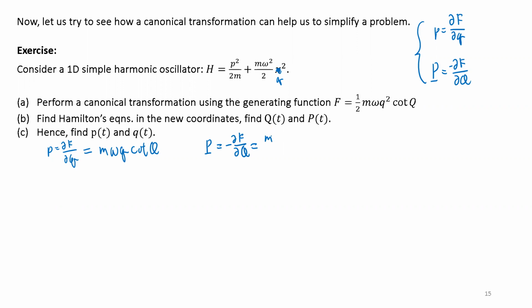So what is the derivative of cotangent Q? It is 1 over sine square, like this.